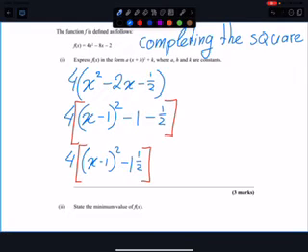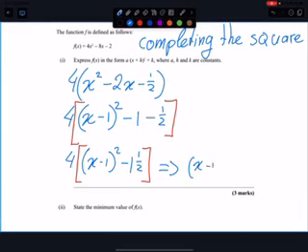I'm debating between this answer and if I continue, it's times 4. I'm debating between these two answers. Wait, 4.